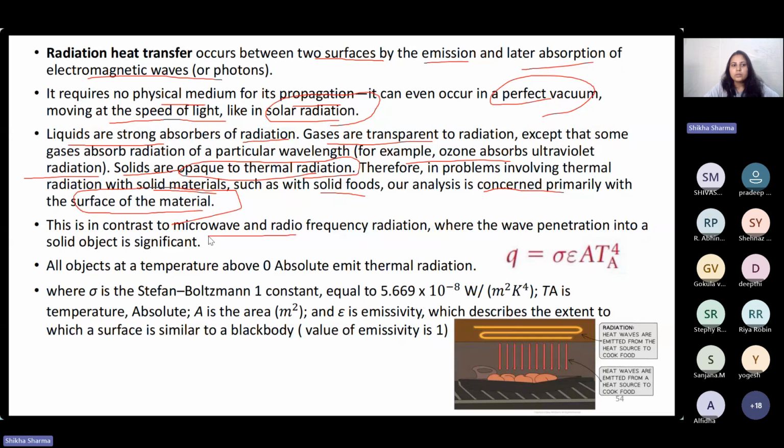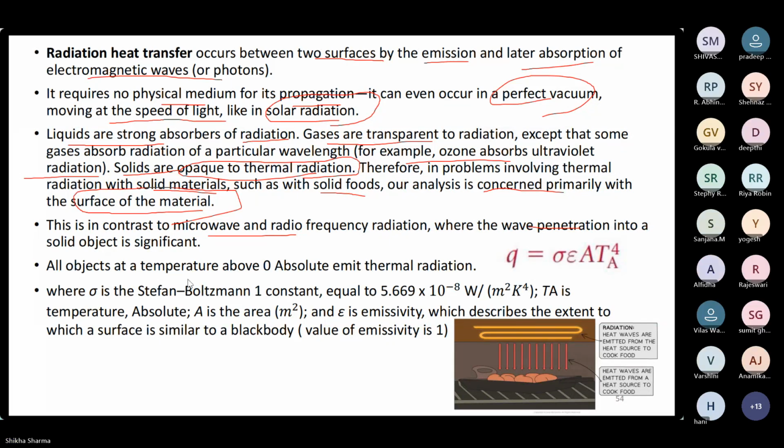When we talk about microwave or radio frequency radiation, they will penetrate into the food, but thermal radiation will not. All objects at a temperature greater than 0 will emit some thermal radiation.